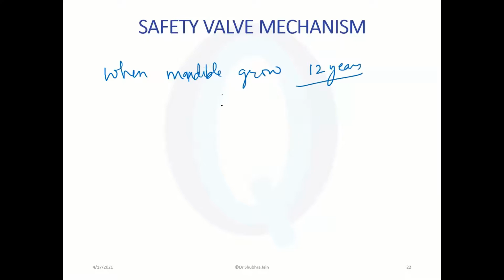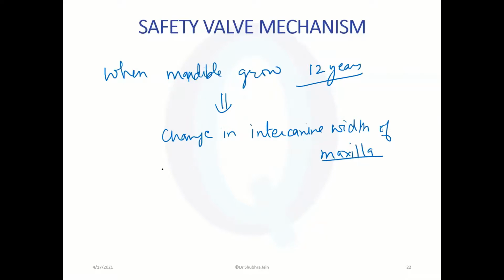There is a change in the intercanine width of the maxilla. Why does it happen? The maxilla lies above the mandible; the mandible is encompassed in the maxilla.